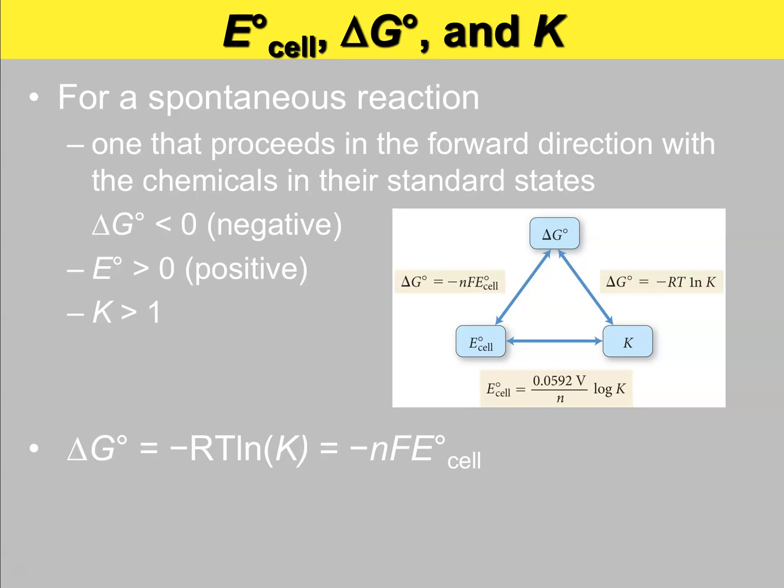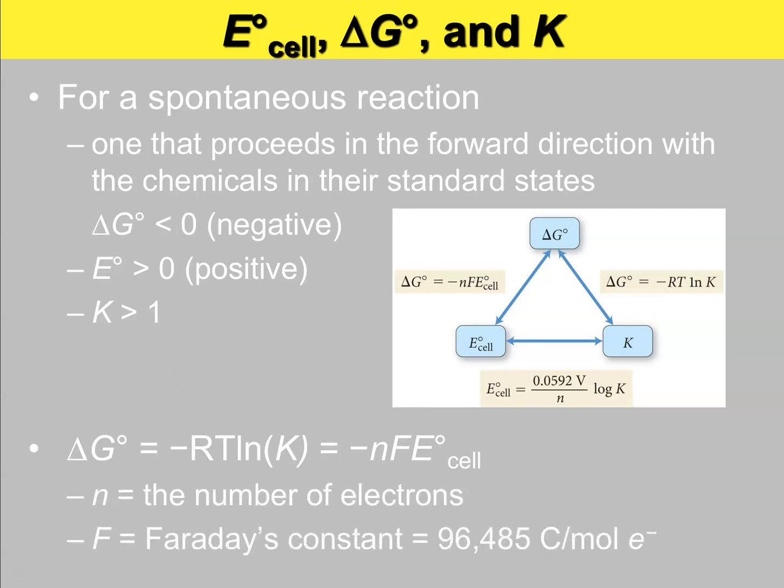It's on your equation sheet. I believe your equation sheet has it as 96,500, so whatever the equation sheet says, that's the constant you want to go with. Coulombs per mole of electrons. Questions on this triangle?